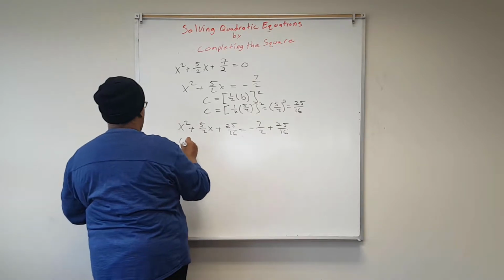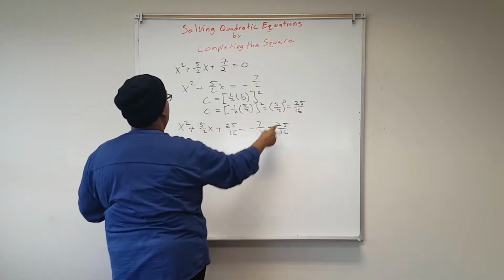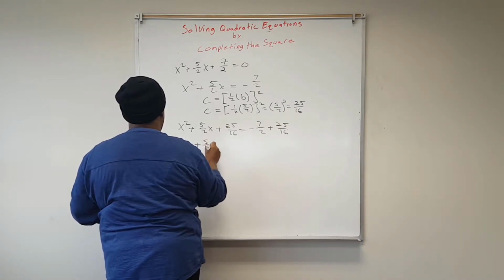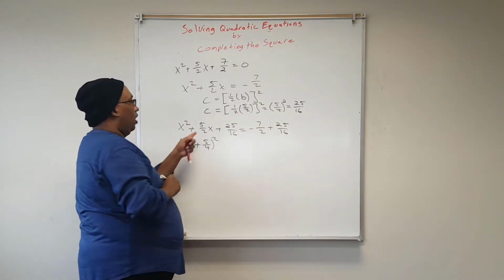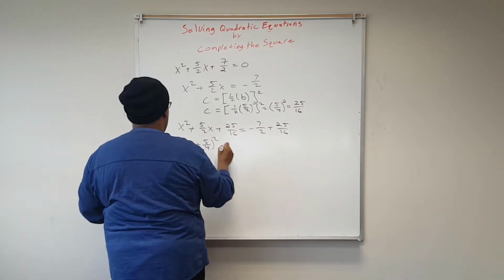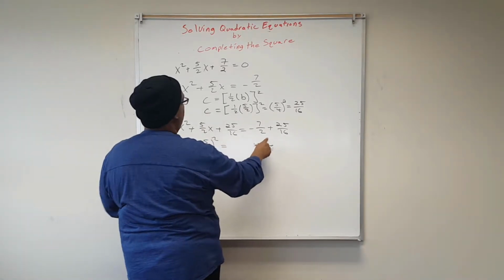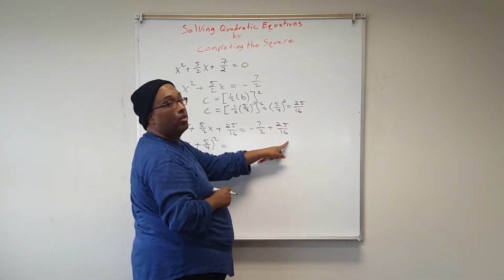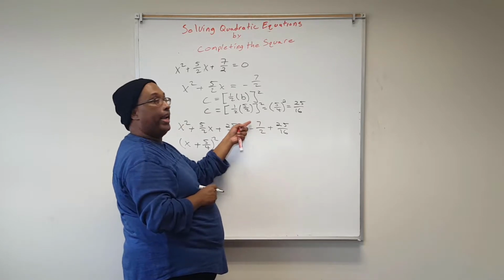Now this becomes x plus the quantity that was squared, 5/4 squared. This whole side becomes this. Equals, I need a common denominator. I need to multiply 2 by 8 to get 16, so I need to multiply the top by 8.